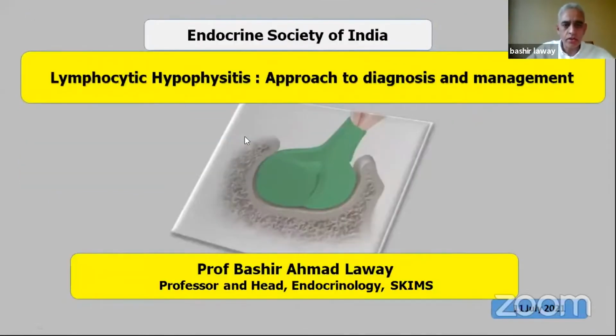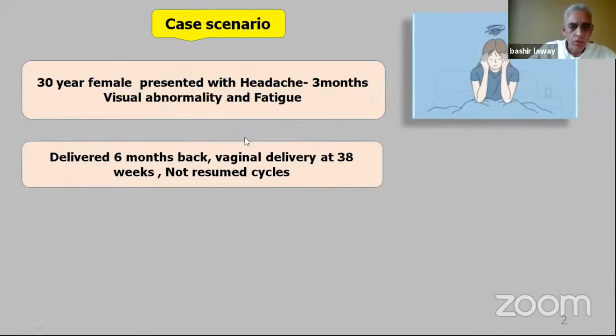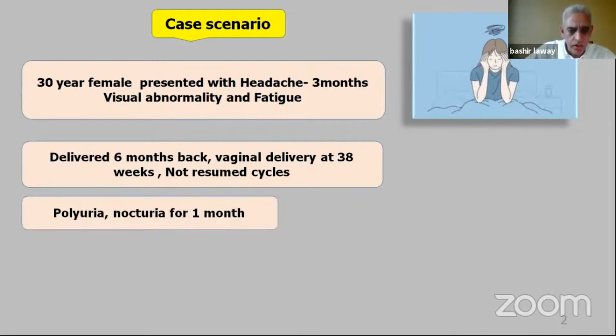So, a 30-year-old lady who presented with headache for 3 months. She had some visual abnormalities and complained of fatigue. She delivered 6 months back. It was a vaginal delivery, but she did not resume cycles after that. She also had a history of some polyuria and nocturia for 1 month before presentation.